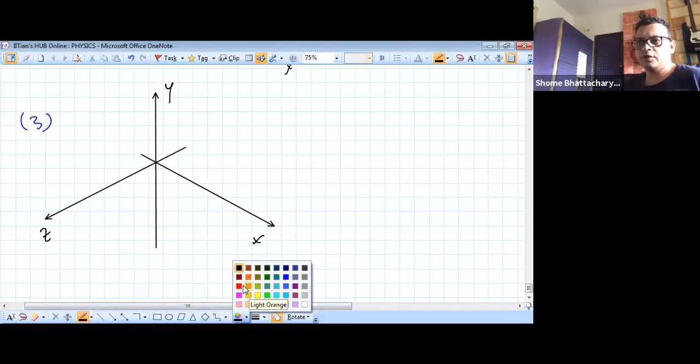So the velocity vector is pointing downwards and the magnetic field vector is pointing along the z-axis.